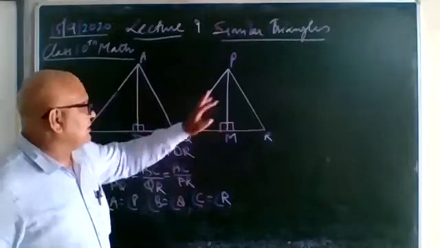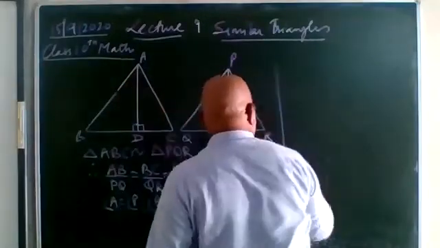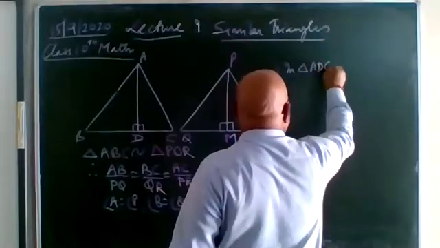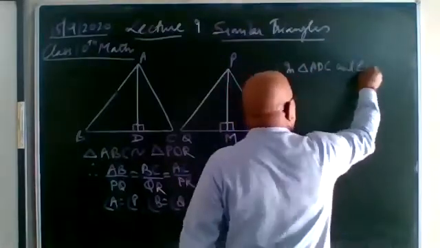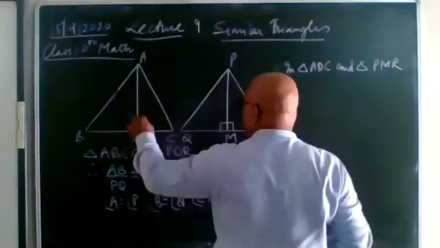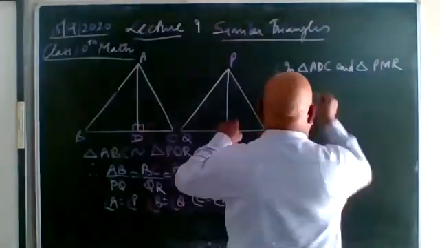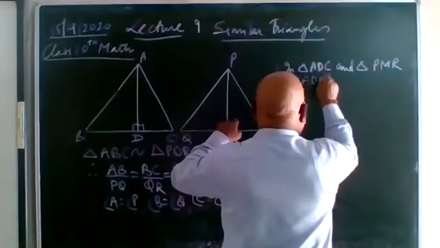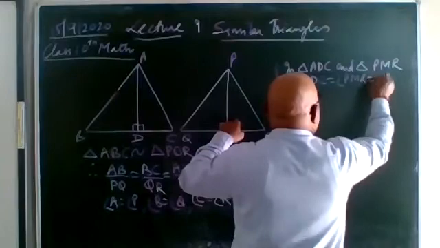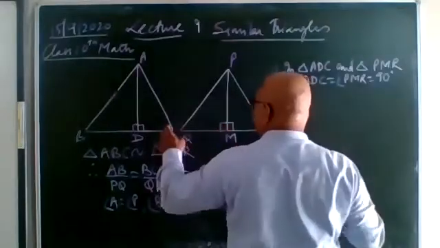Because you will say, in triangle ABD and triangle PQM, angle ABD equals angle PQM, 90 degree.